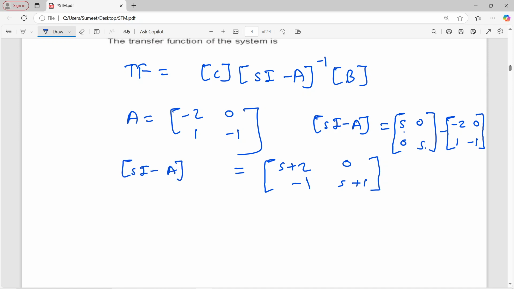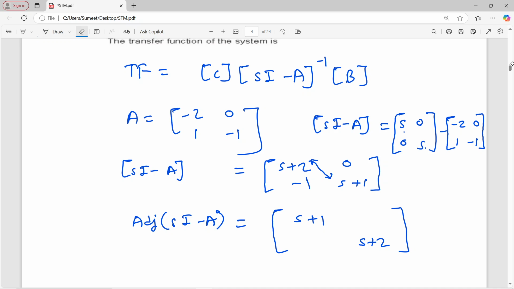Okay, now to find the inverse, first of all we will find the adjoint of sI minus A matrix. To find the adjoint, what you have to do? You have to interchange these two. Just interchange these two. So it becomes s plus 1, s plus 2.